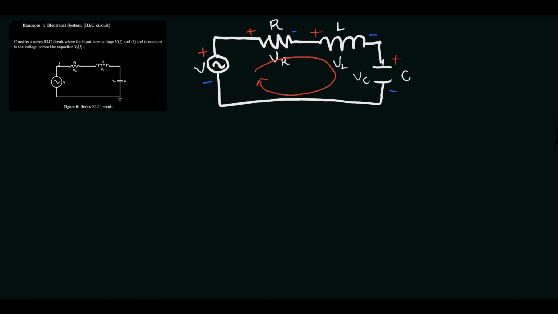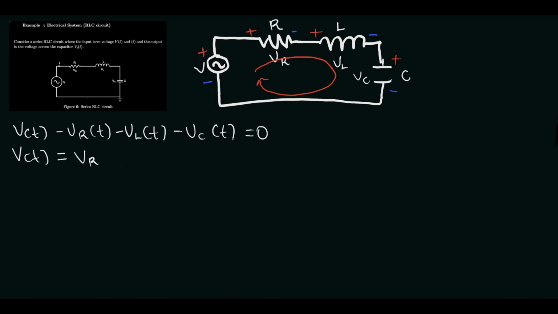So solve for the V here. We are going to have your v(t) minus vR(t) minus vL(t) minus vC(t) equals 0. So making your v(t) the subject of the formula, v(t) equals vR(t) plus vL(t) plus vC(t).